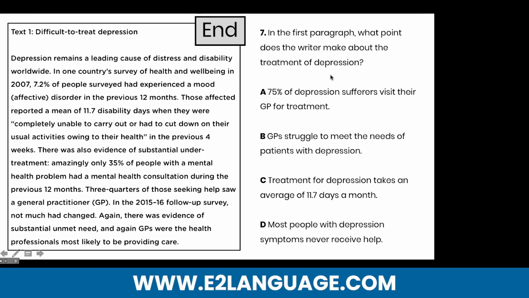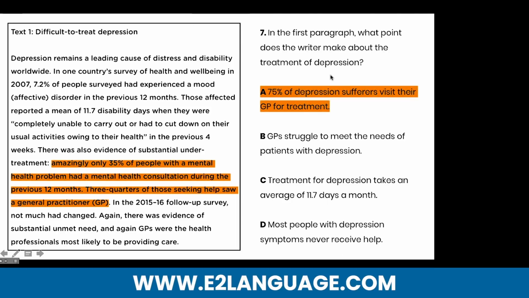All right, let's go through. I need to rush a little bit because I've got something on in 10 minutes. So, what point does the writer make about the treatment of depression? Well, here it says only 35% of people with a mental health problem had a mental health consultation in the last 12 months. 3/4 of those people who had a mental health consultation saw a GP.